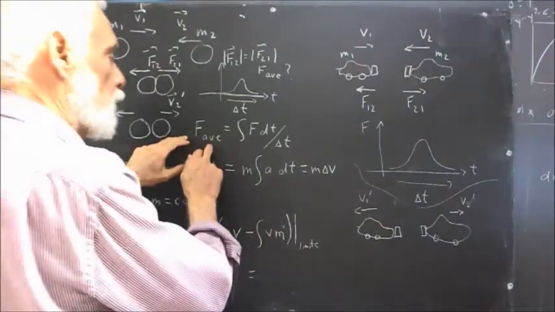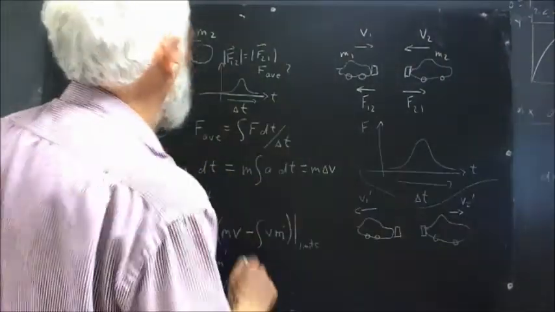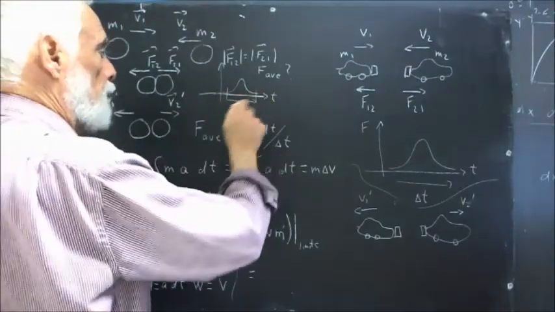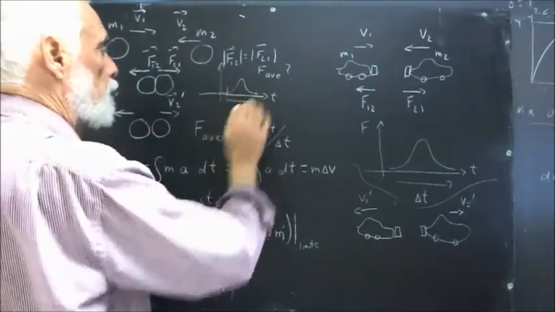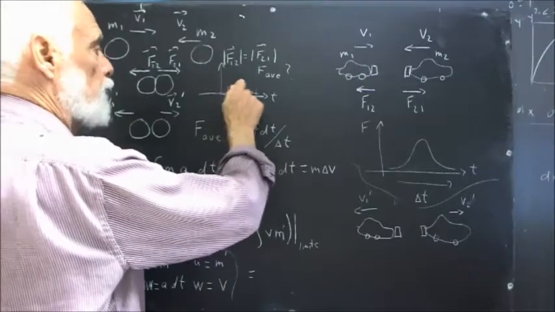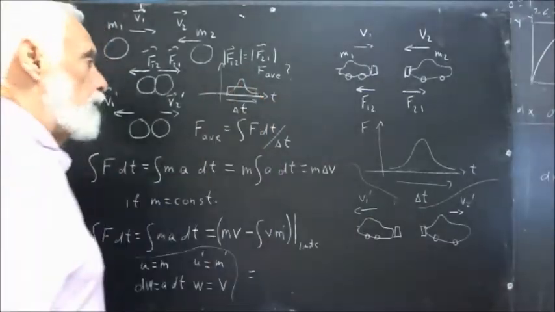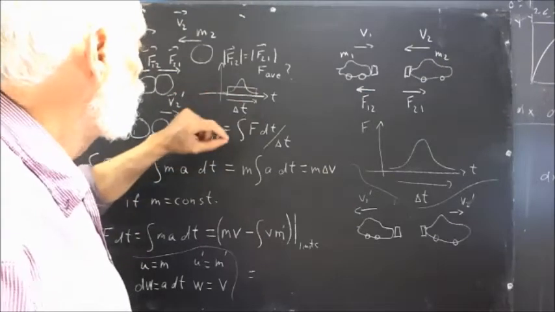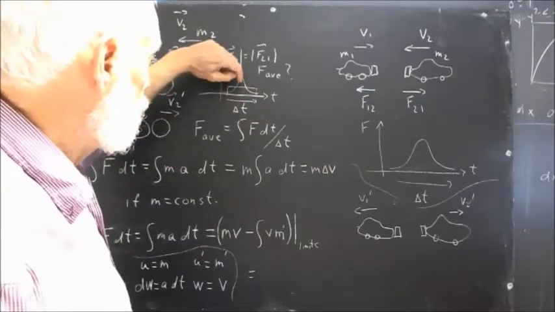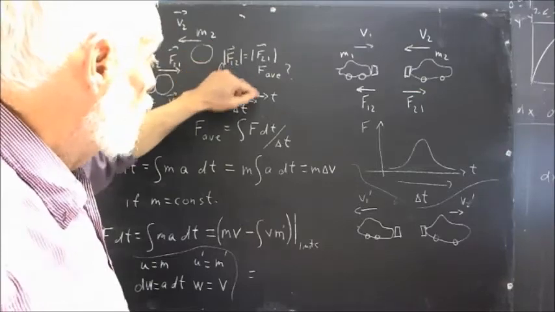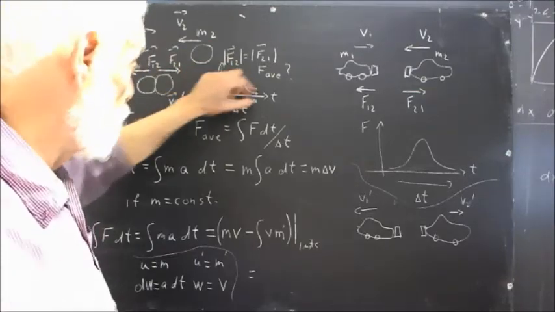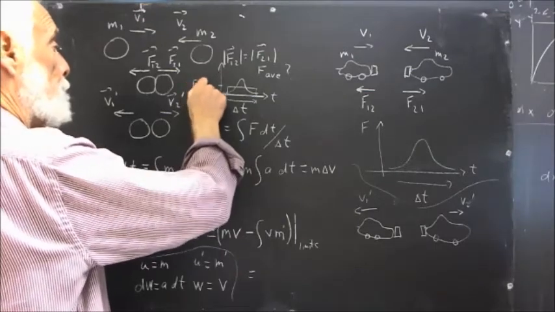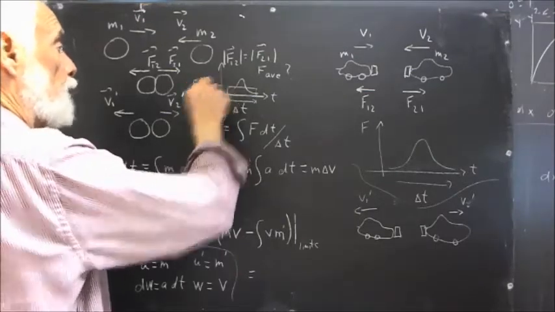So the average force is the force which, acting over this time interval, gives us the same area as the curve. So if you look at the region above the rectangular region representing the average force for the interval, here's F average.